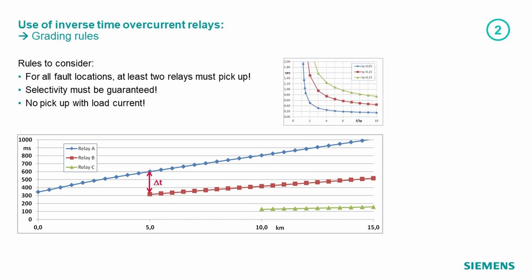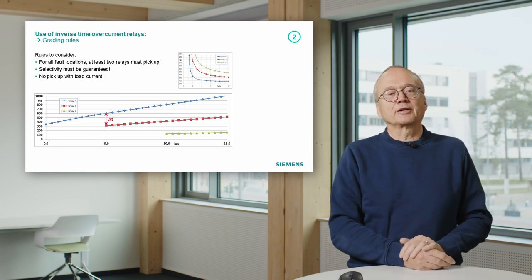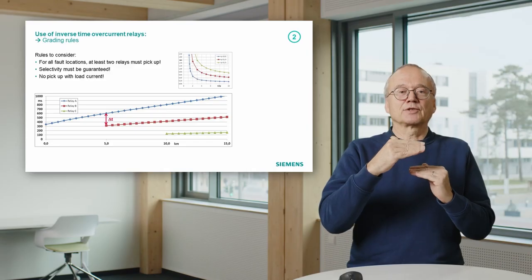Selectivity must be guaranteed. That means we must also observe a certain timing distance between the curves. Remember what we discussed for the definite time overcurrent relay setting? That we need this 200, 250, 300 millisecond time difference. That means here we must set the curves in a way that they have a proper difference.